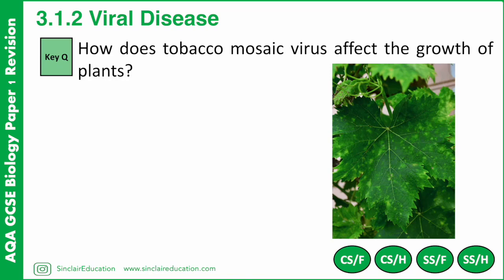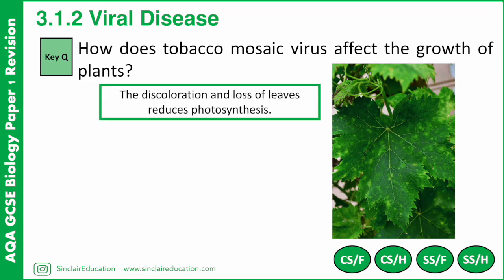Now, the most likely way that you might get an extended question within this is actually being asked how this virus might affect the growth of plants. And it does kind of overlap with photosynthesis a bit later on in your specification, but it is worth being prepared for it within your exams. So with tobacco mosaic virus, you're going to find a discoloration of the leaf.